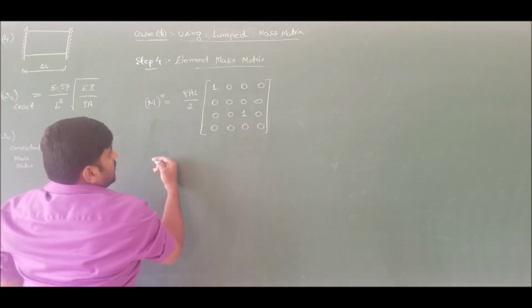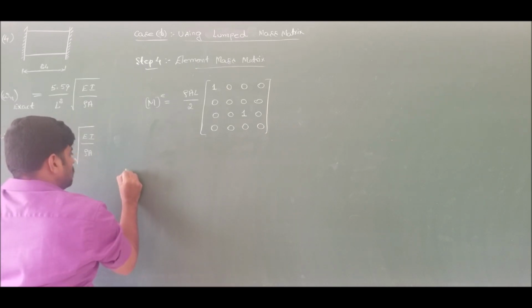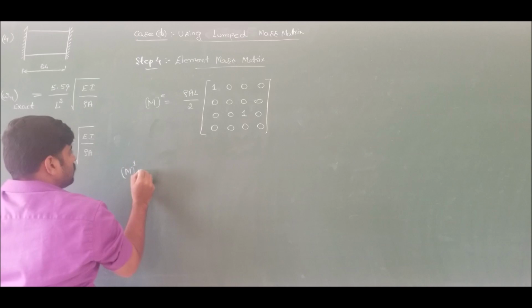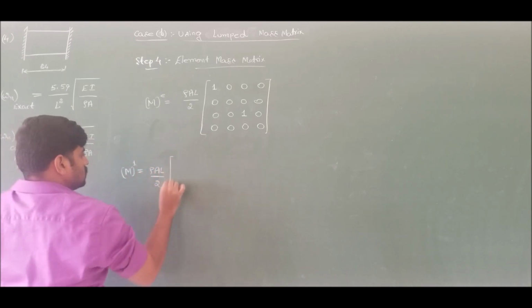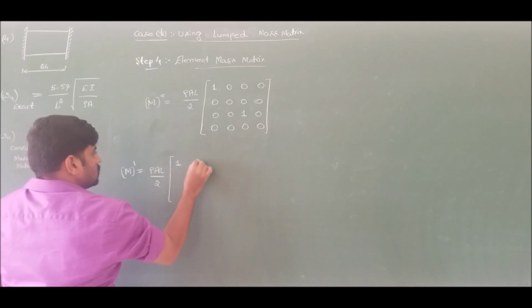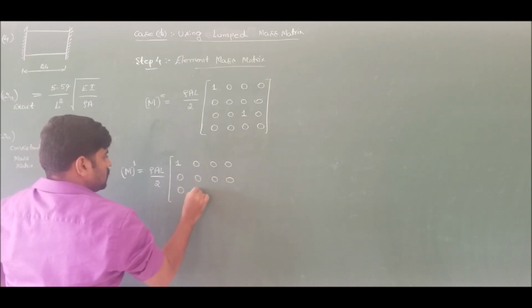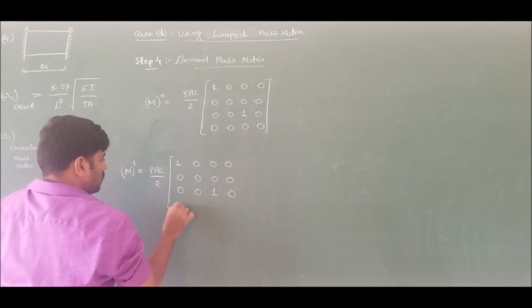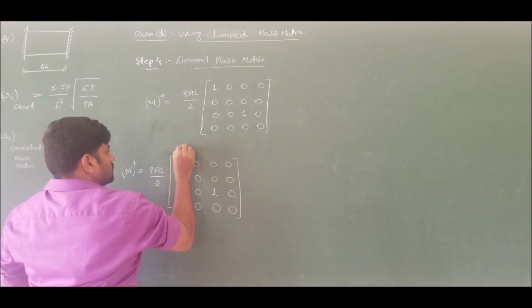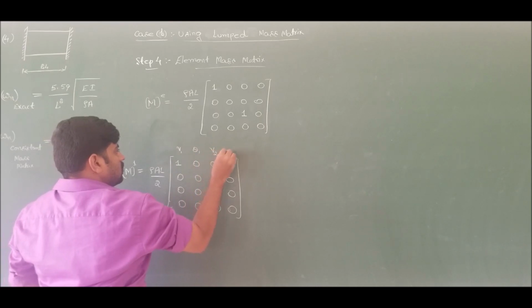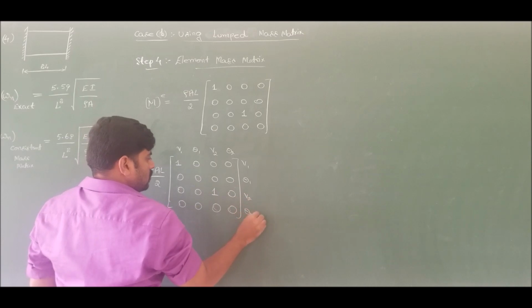If I write it, the mass matrix of element 1 is equal to rho A L by 2 times the matrix with 1 0 0 0, 0 0 0 0, 0 0 1 0, 0 0 0 0. The nodal variables are V1 theta 1 V2 theta 2.